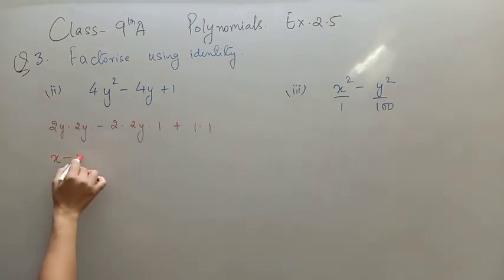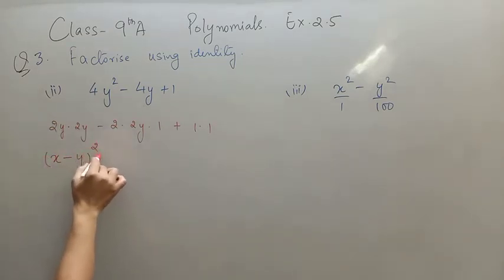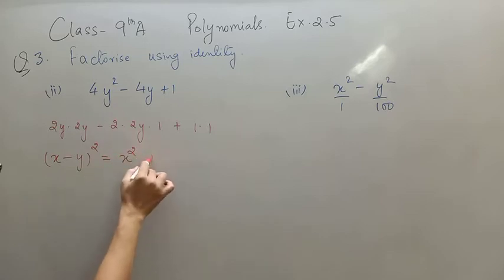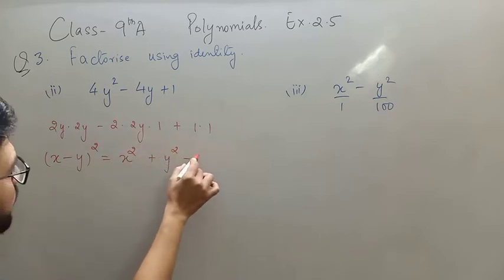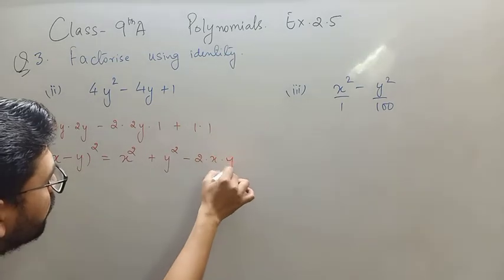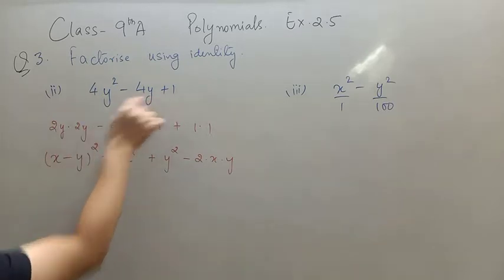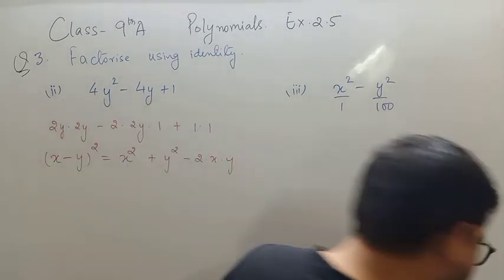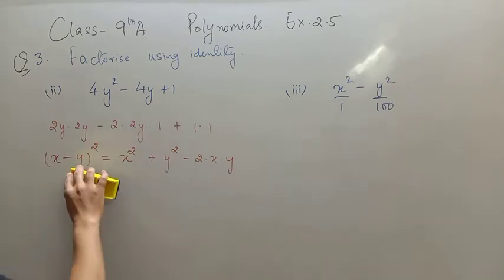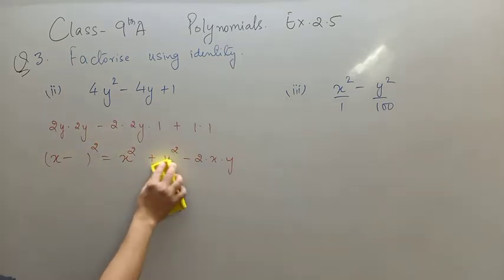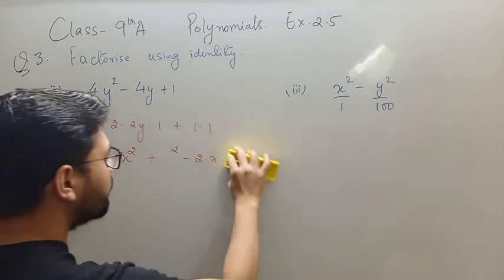So x minus y whole square will give you x square plus y square minus 2xy. Now compare this. Already you have y in the algebraic expression, so to avoid any confusion, you can use z.